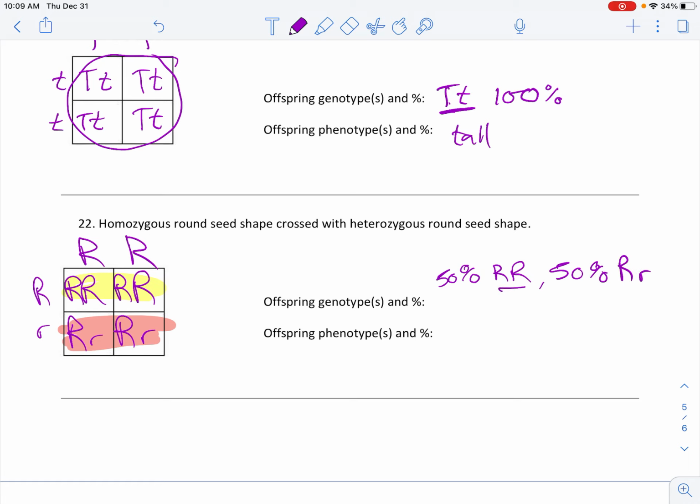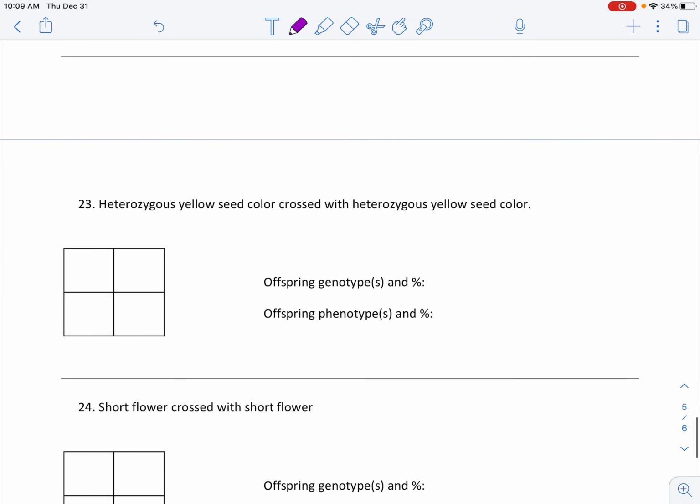Offspring phenotypes and percentages: even though the genotypes are different, they both have at least one capital R, so it's a 100% chance that the offspring will have the round trait as the physical expression of the genotypes.